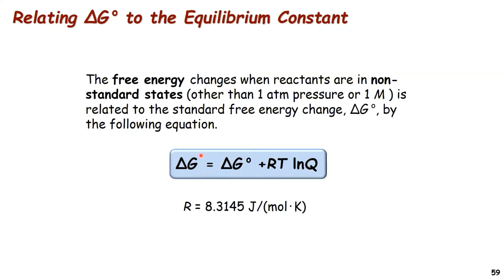And then whatever this value is, if this value is negative, do you think it's going to proceed to the reactants or products? If this value is negative. Well, if it's negative, it's spontaneous, and that means it's going to go to the products.